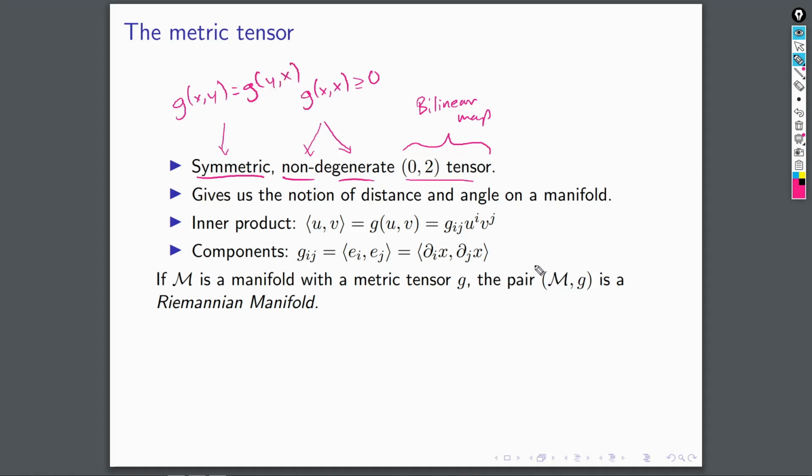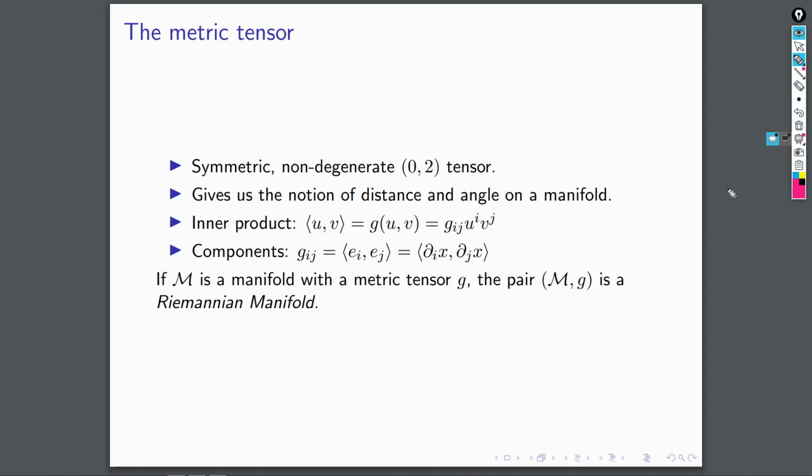Okay. So these give us the notion of distance and angle on the tangent space in a manifold. It is defined as basically the inner product, G of U, V equals the inner product of U and V in some precise sense.